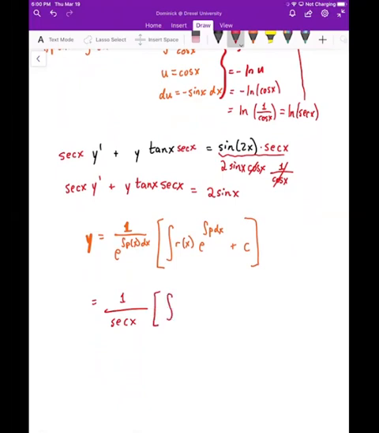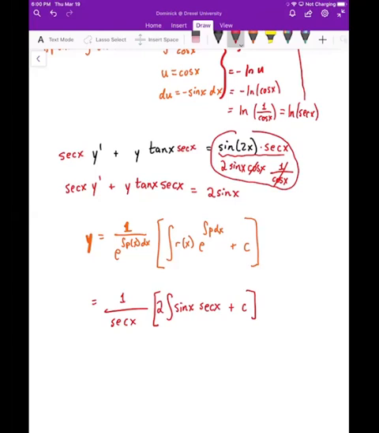And then our r of x was what we did up here. So that just ends up being a 2 sine of x. And then our e to the px dx again was our secant of x. And then plus c.